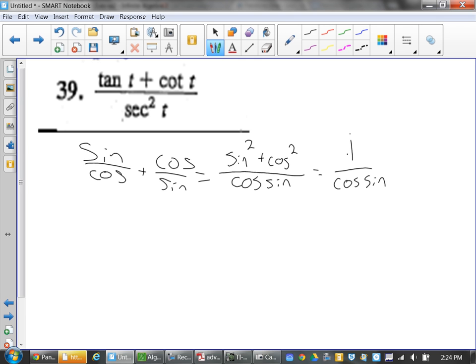At this point, I'm dividing it by secant squared. Yes, ma'am? We can't. It's not multiplying anymore. Good conversation. Or better yet, see if I do it this way. This is the same as times 1 over secant squared. Everybody okay with that? Instead of dividing, I can say it like this.